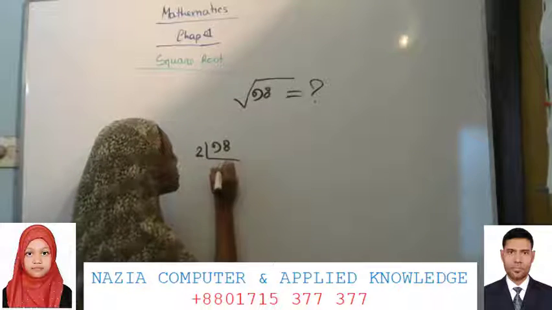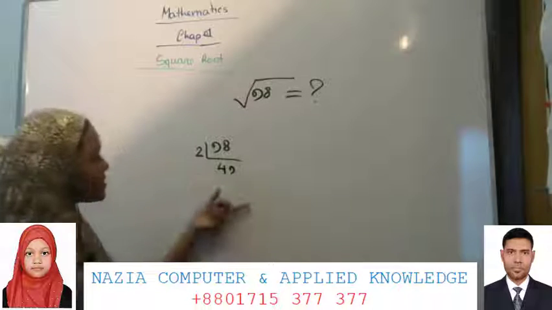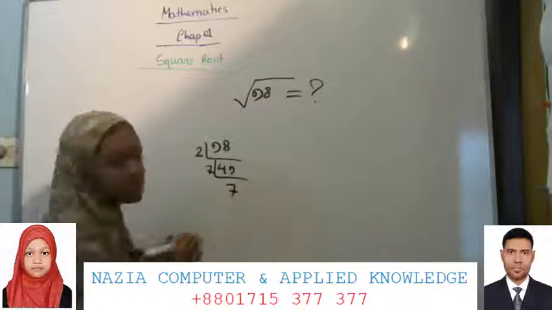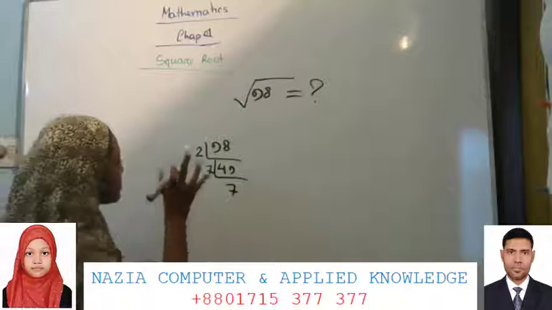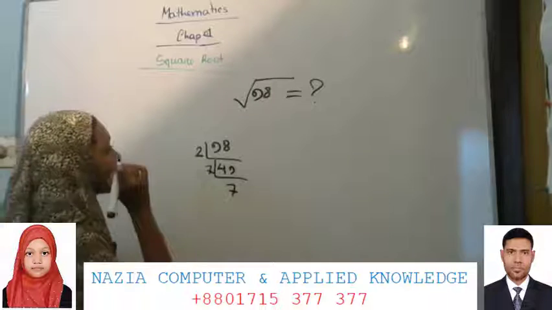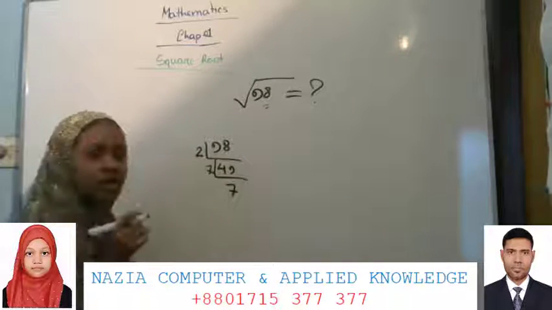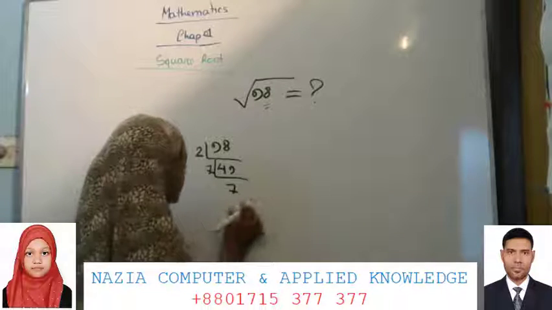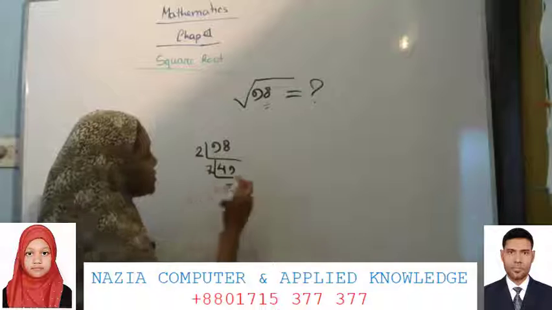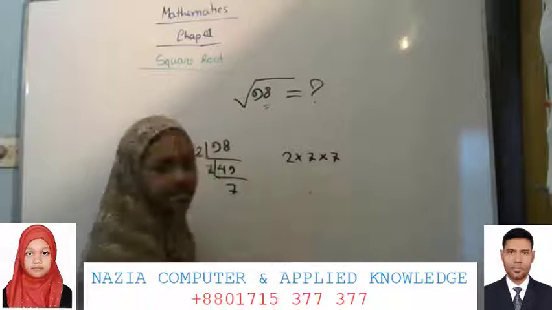The answer was 49, right? We have 49, then 7, 7. I have just removed the number 196 from that and we are now finding the square root of 98, because there will be a twist. So you can see 2 into 7 into 7, isn't it?